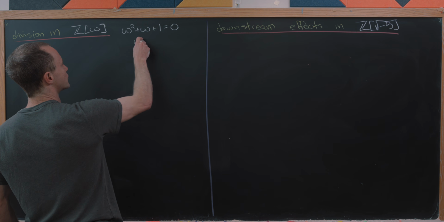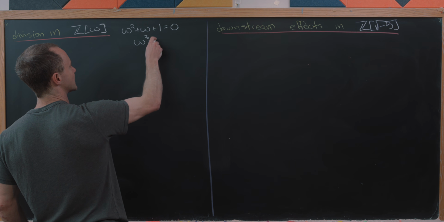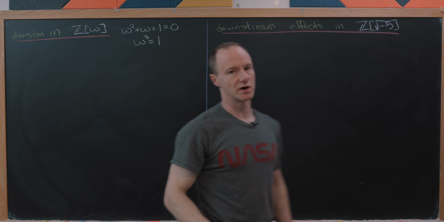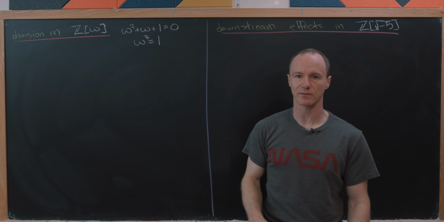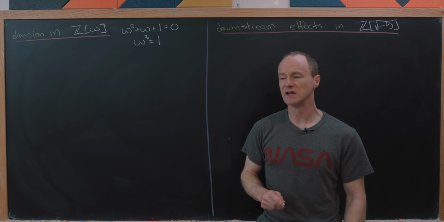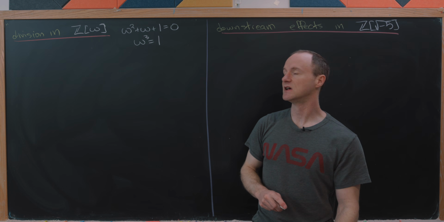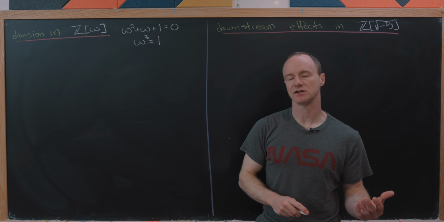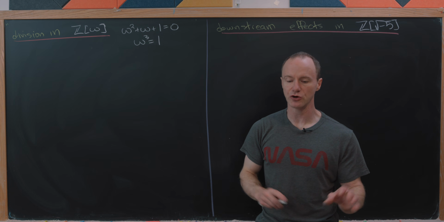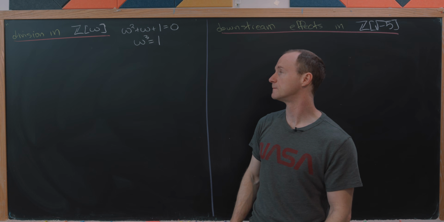Now you can pretty easily see that you also get omega cubed is equal to 1. You can either just use this quadratic polynomial and do some symbolic manipulation to it, or you can go back to the fact that omega is equal to e to the 2 pi i over 3, and you cube it and you pretty clearly get 1.